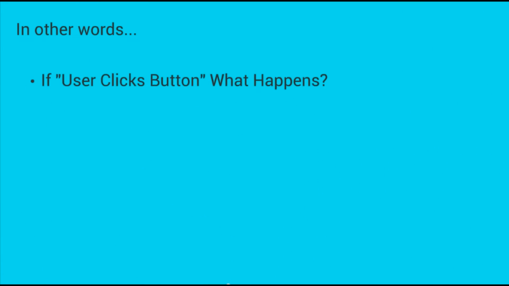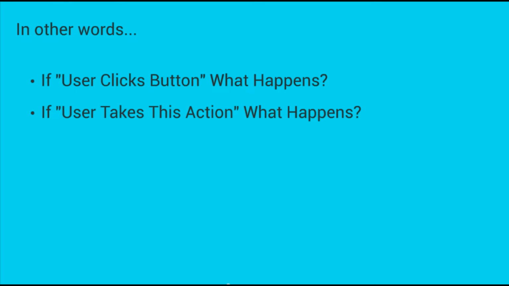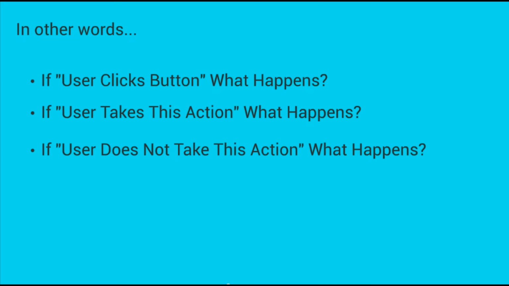So in other words, let's say, for example, a user clicks a button, you're going to write down what happens. If the user takes a specific action, then what happens? If the user does not take that action, then what happens?